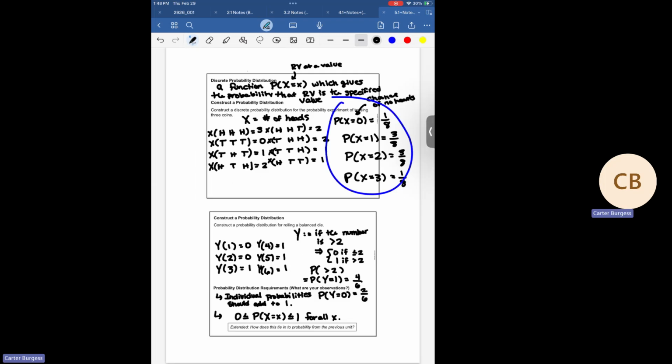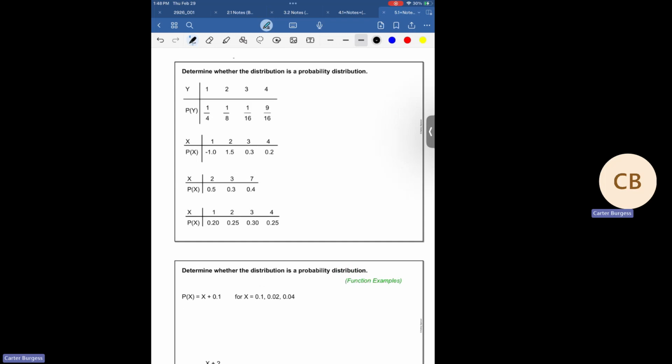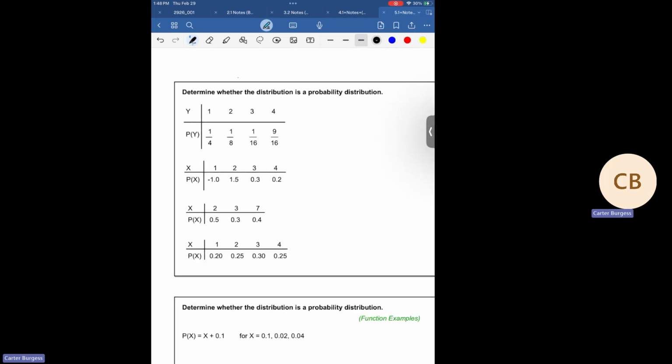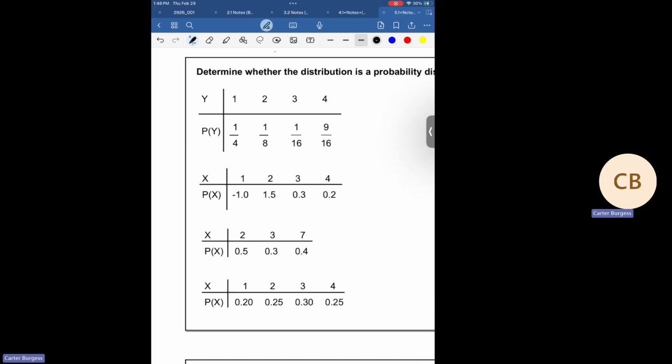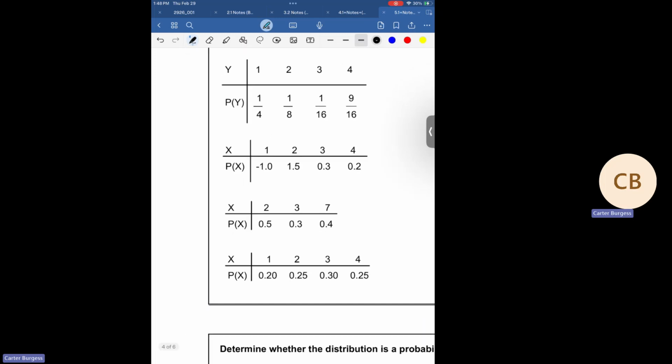Okay, so let's take a look at a couple examples of functions, and let's determine if what we are seeing is in fact a probability distribution function. Now, I do want to take issue with the notation here. Technically speaking, this should be the probability that our random variable is equal to y, and then this should just be lowercase y.